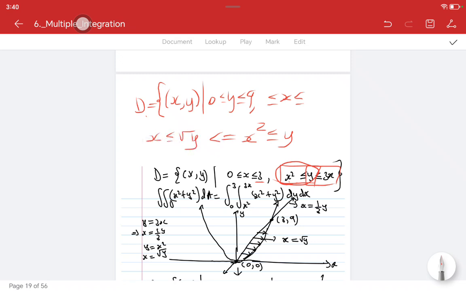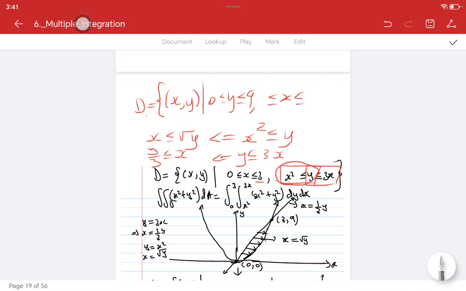Then this one here will be y less or equals to 3x. When we divide both sides by 3, we're going to get that y over 3 is less or equals to x. So we have this. We agree here, right?